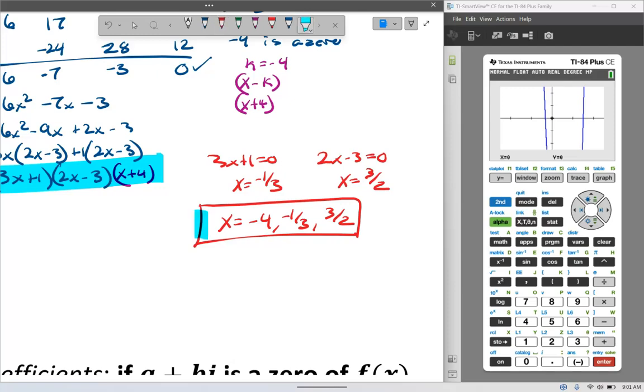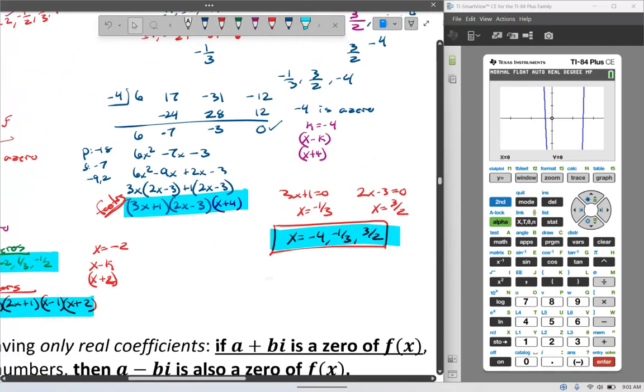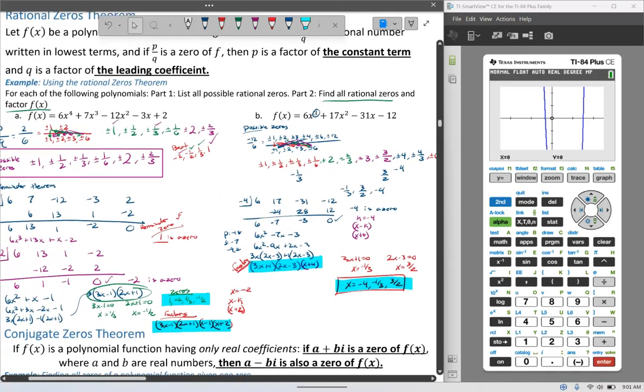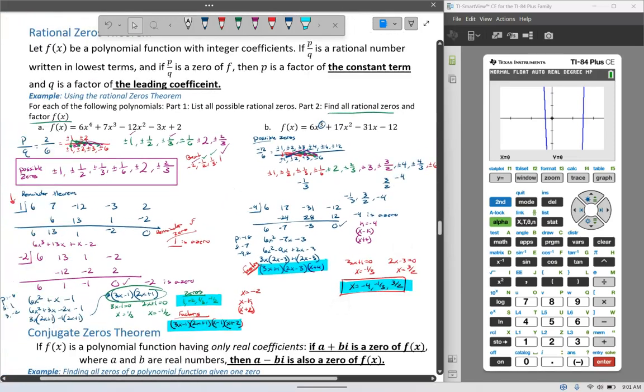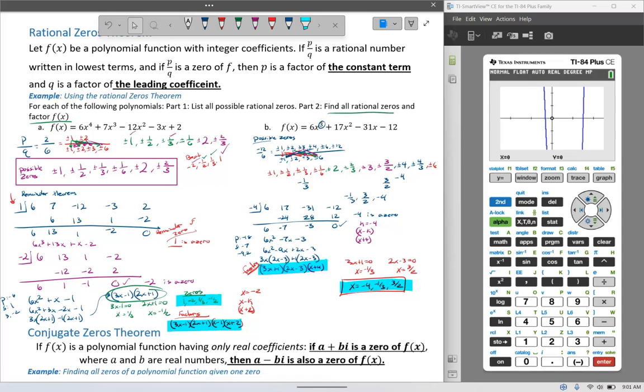And there's all of our zeros. So as you can see, we start by listing all of our possible zeros. We use the graph to figure out which ones we should check, and then we'll use synthetic division in order to factor down to a quadratic. Once we have a quadratic, we can use any of our quadratic methods to either finish factoring or find the rest of our zeros.